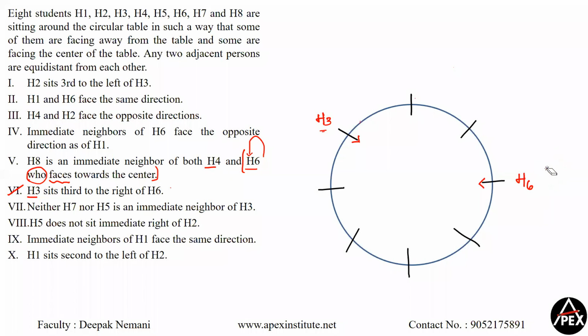Now, what can you infer from this? H3 faces away from the center. Perfect. So H3 cannot face the center. H3 is facing away from the center. So if we have H3 facing away from the center, 1, 2, and 3, H2 will be here.